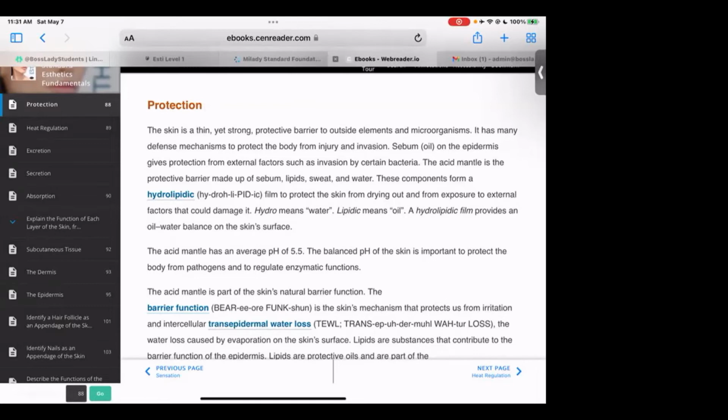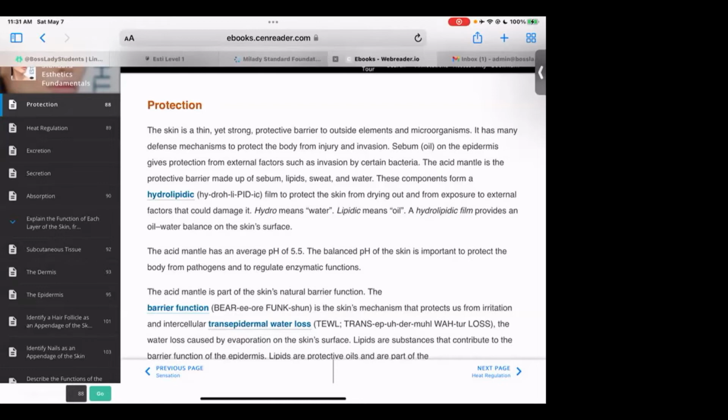To summarize that last statement, the oilier the skin surface, so the more sebum, let's use our proper term here, the more sebum on the surface of the skin, so on the epidermis, the more protection that person has from external factors such as invasion by certain bacteria.